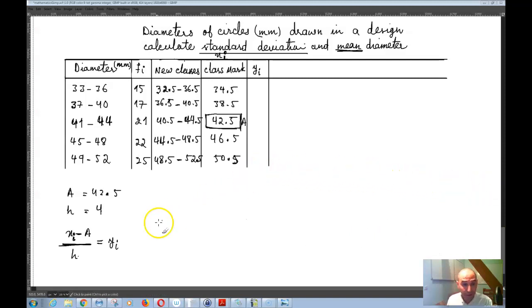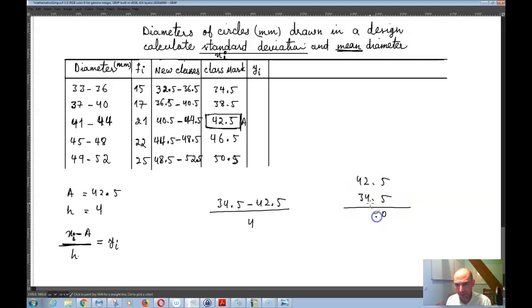So now y of i, whose value is going to be this, is going to be, for example, 34.5 minus 42.5 divided by h, which is equal to 4. Now 34.5 minus 42.5 is negative 8. Negative 8 divided by 4 is equal to negative 2.